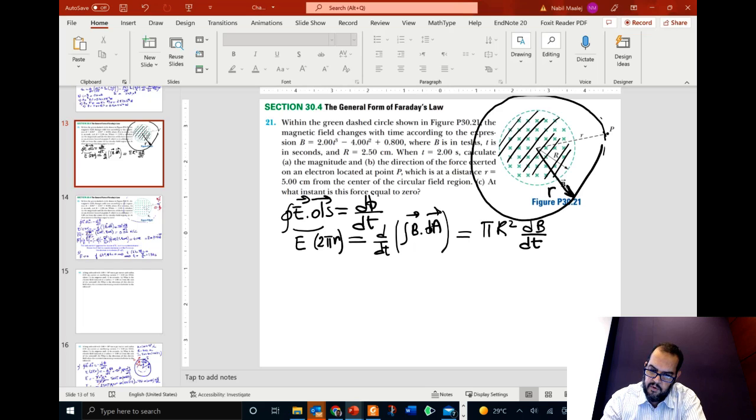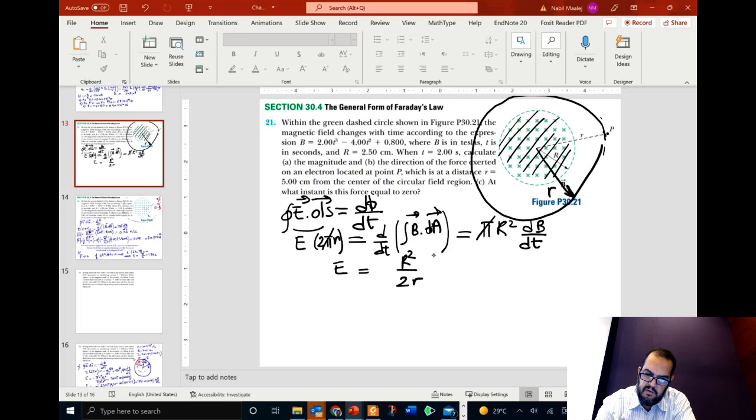Solving for E, the pi's cancel and we have R squared divided by 2 small r, remember the small r is the radius that is outside the capital R, times the derivative of the magnetic field with respect to time.